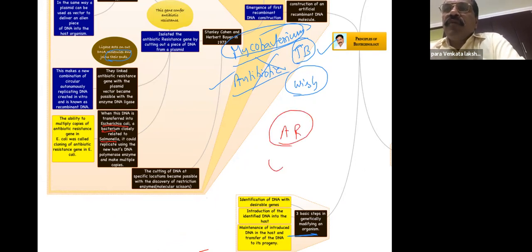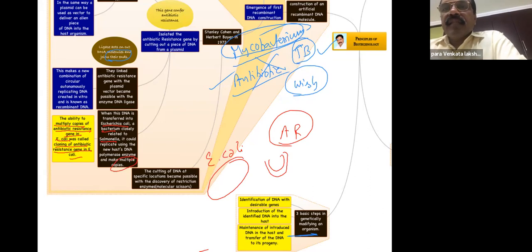Now this newly formed recombinant DNA was added into E. coli bacteria, and it could replicate because the same type of plasmid can be introduced, and multiple copies were made in this. So the ability to multiply copies of the antibiotic resistance gene in E. coli was called cloning of the antibiotic resistance gene in E. coli. Now what happened in this?